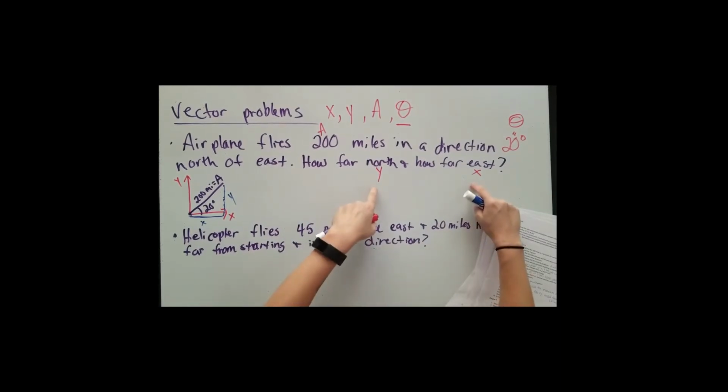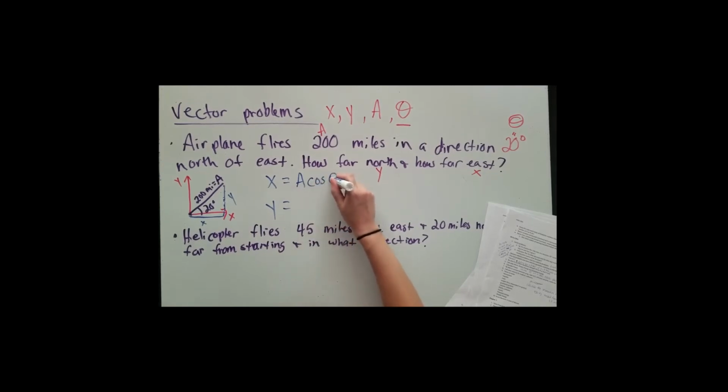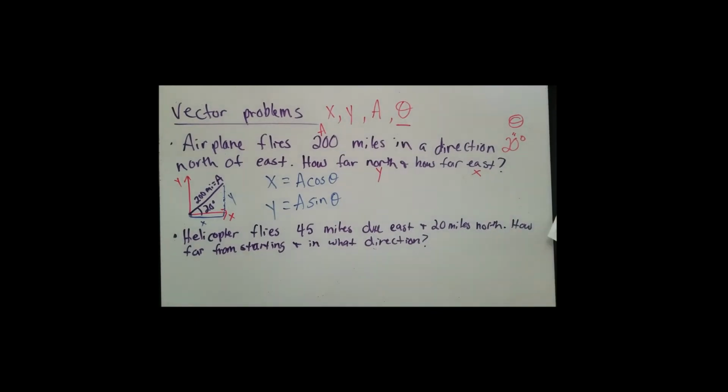Since x and y are what I'm trying to solve for, I'm going to pick the equations where x is equal to and y is equal to. If you look at those equations, for x it's a cosine theta, and for y it's a sine theta. Now the important thing when you're doing these vector problems is that your calculator is in degrees, not radians, or it will give you the incorrect answer.